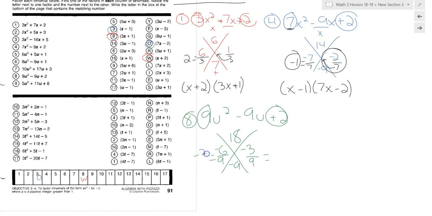Negative 6/9 gives me negative 2/3. Negative 3/9 gives me negative 1/3. So both of these will slide out. So this one will be 3u minus 2, and this one sliding out will be 3u minus 1. So 3u minus 2, 3u minus 1. So at number 14, we're going to put the letter y. Okay, go ahead, work on the rest of page 91.